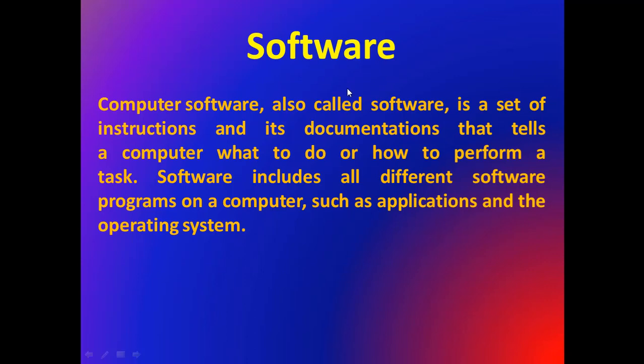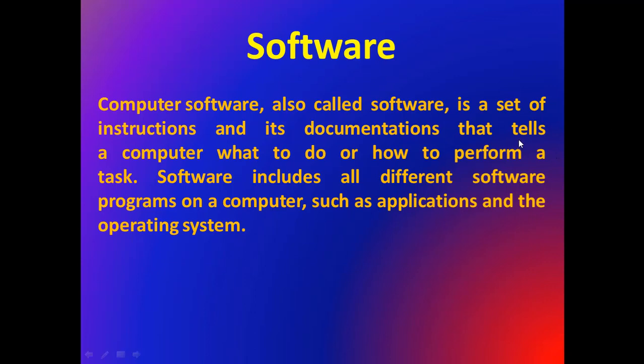Software includes all the different software programs on a computer, such as applications and the operating system. Students, this is the most important part we are discussing here: software. One is hardware, second is software. Without software, your hardware can't work.